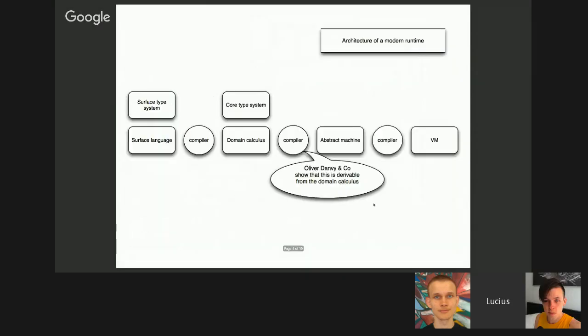Okay, cool. All right, so to get to the abstract machine from the calculus, Oliver Danvy and company have shown a really powerful method to derive the abstract machine. There are a series of papers that began around 2005 to describe this method, and they've taken it quite far, to the point where it's a fairly robust method. The nice thing is that it's monadically structured.